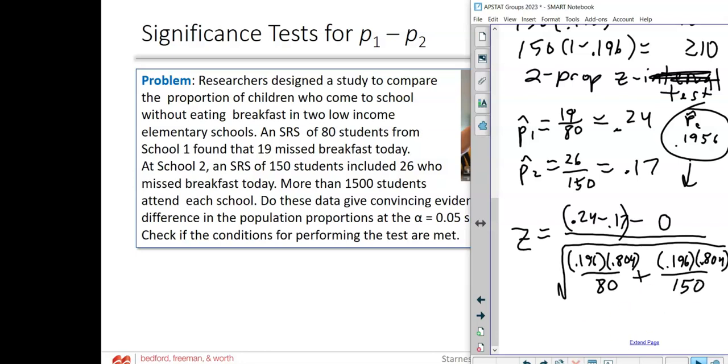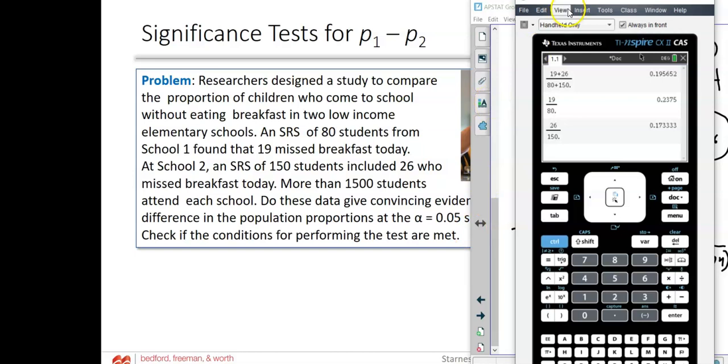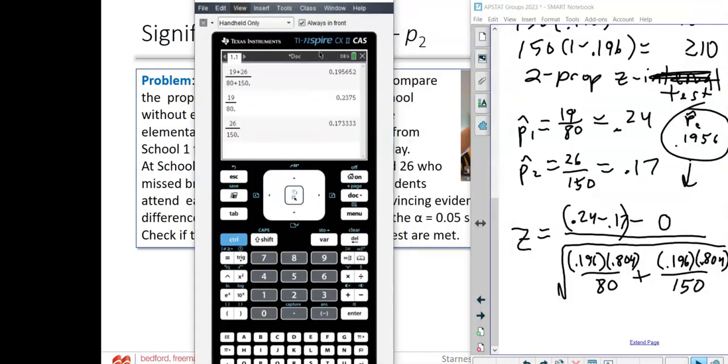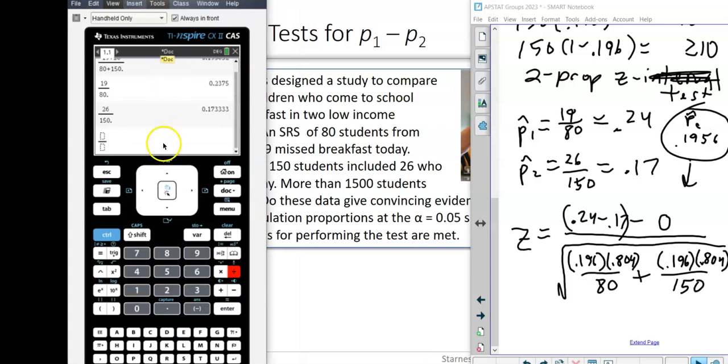So let's see what we get. So you go control divide, and we get 0.24 minus 0.17. I'm not too worried about the rounding I did there because I'm going to double check everything, calculate, probably adjust the numbers appropriately. Square root, I'm also showing my work, so pretty good with that.